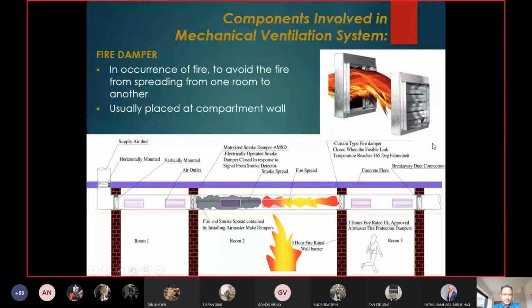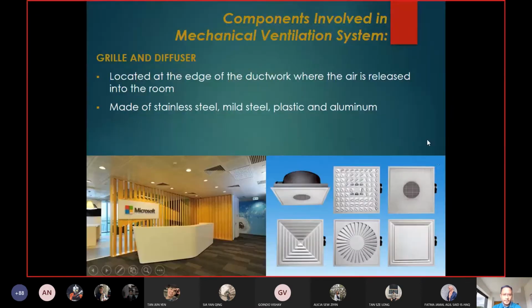And then finally is the grill and diffuser. So grill and diffuser basically located at the edge of the ductwork where the air is released into the room. And also, maybe I forgot to put it here. One is for air to be released into the room if you use supply system. But another one, if you use exhaust system, basically the grill is where the air inside the room enters. Right?